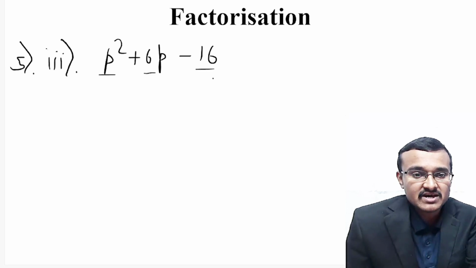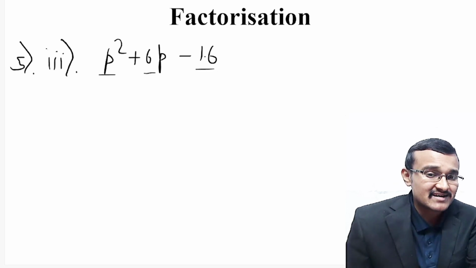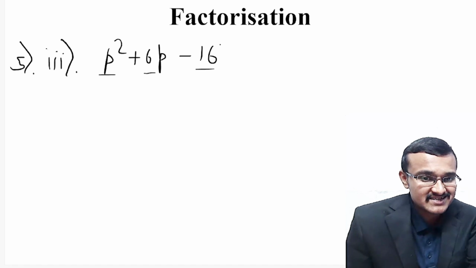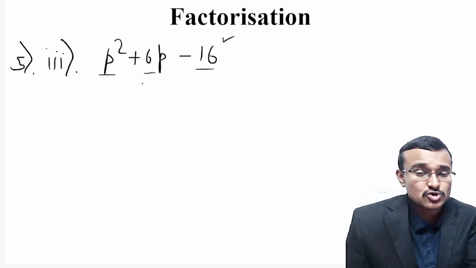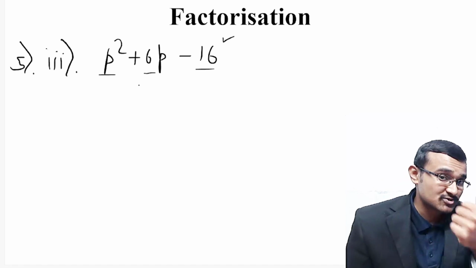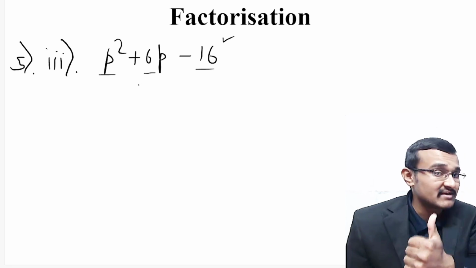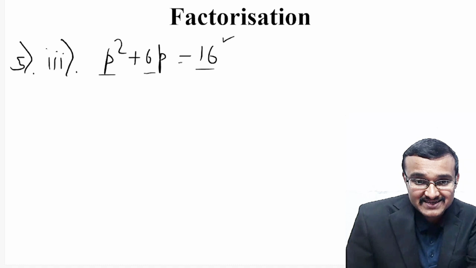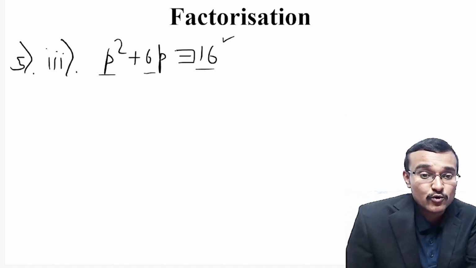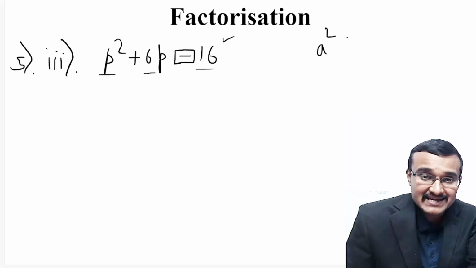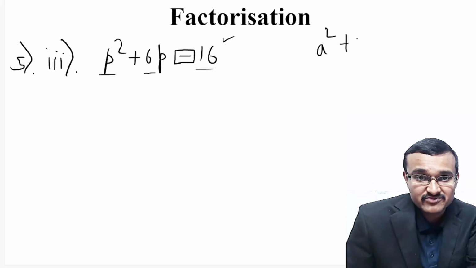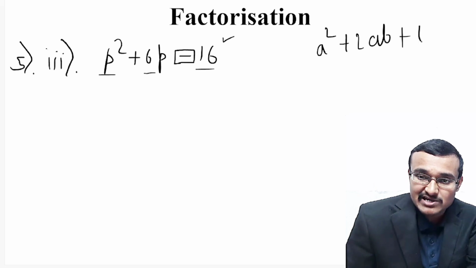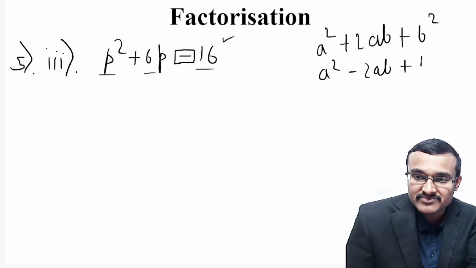Coming to the third question in this fifth question, they have given p square plus 6p minus 16. Here you can tell that this particular 16 is a perfect square. So here you could use either the a plus b whole square or the a minus b whole square identity. But here you should see you don't have plus over here. Always remember that whenever you expand a plus b whole square or a minus b whole square, you will get a square plus 2ab plus b square, or a square minus 2ab plus b square.